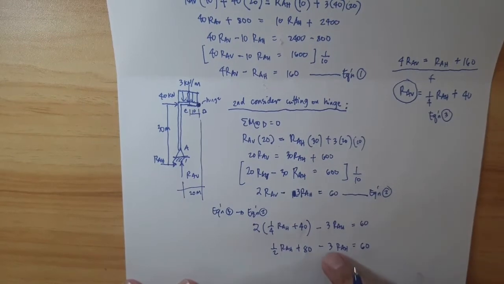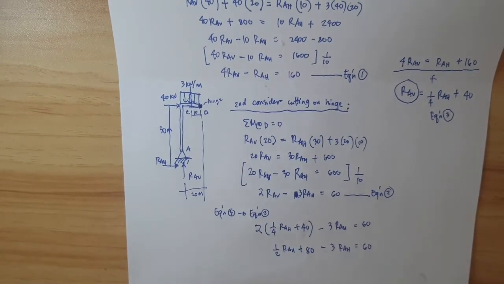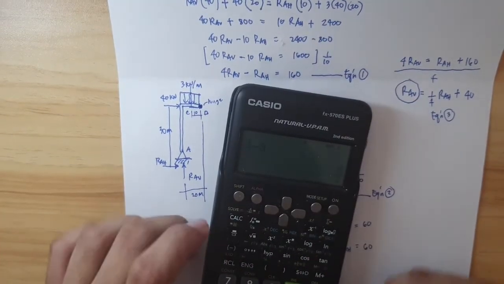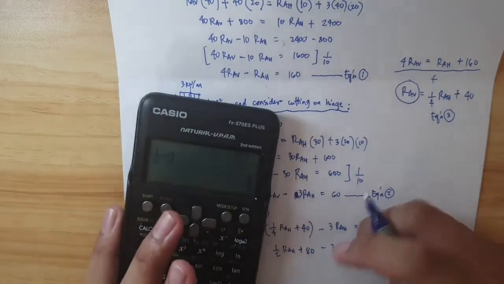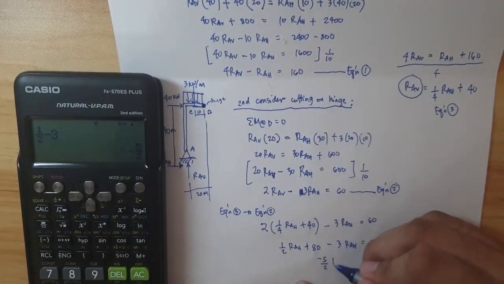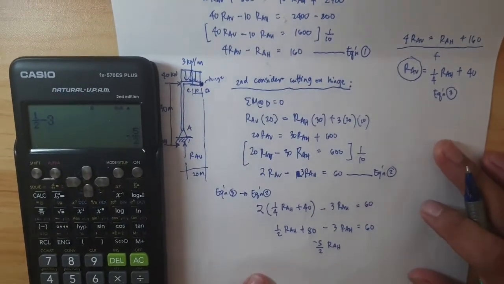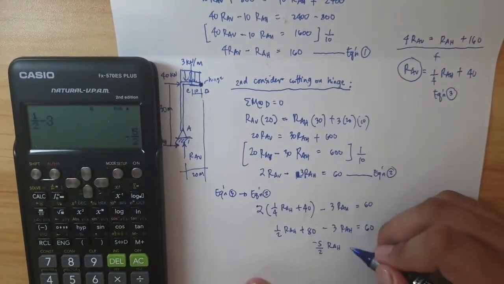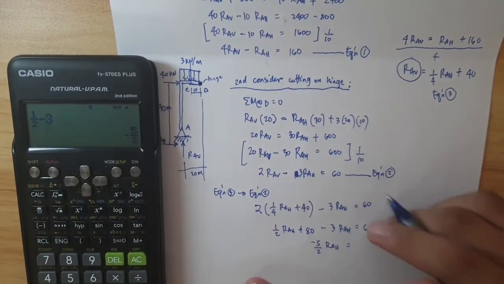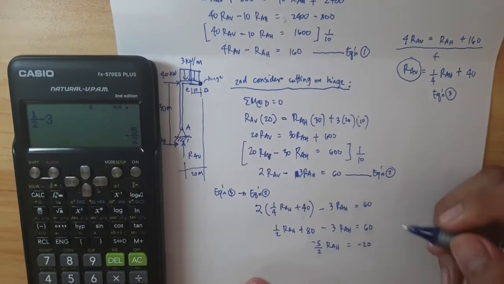So 1/2 minus 3. Okay, 1/2 minus 3, that is negative 5 halves. Negative 5 halves RAH equal to 60 minus 80, that is negative 20.